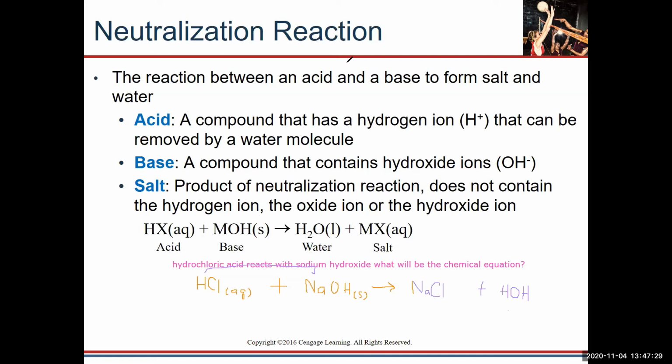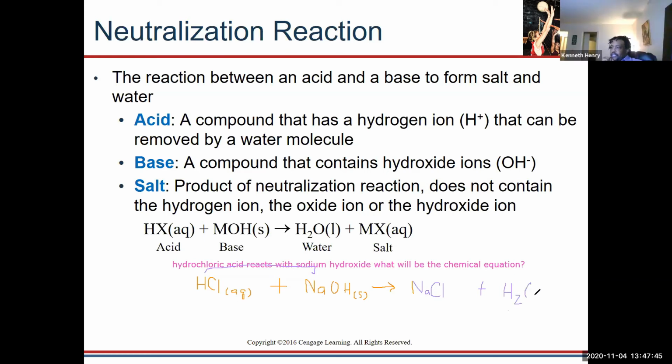That's right. Is it balanced? Yes, no, maybe? Yeah, it is.